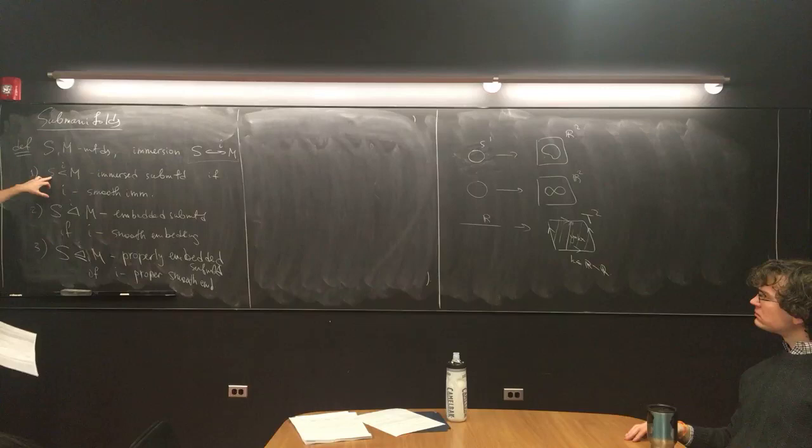So here it's called the path lifting property. You can actually use it to define covering maps. And this is the following. Let me actually show you on the picture first, and then formulate.